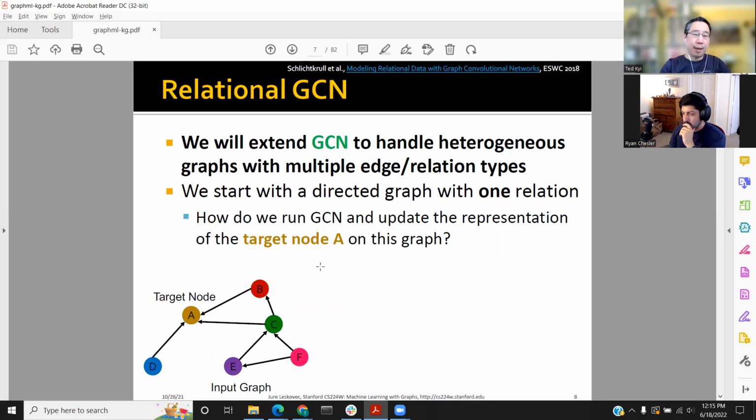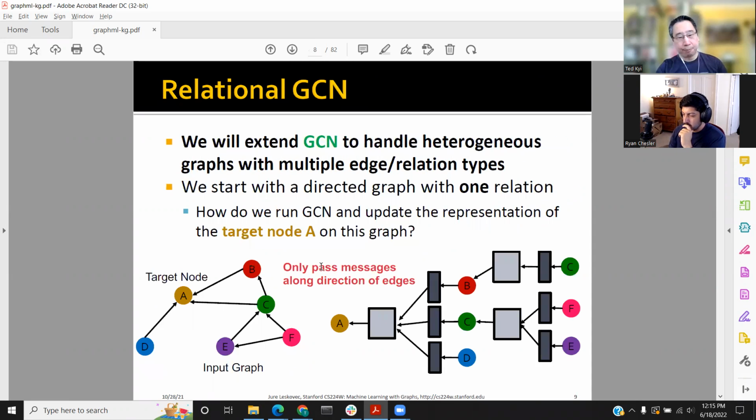And so just to recap, how do we run a GCN on a directed graph that only has one node type and one edge type? If you recall, when we talked about GNNs, basically what we said is that we're going to use the neighbors. And in this case, now we're talking about a directed graph, so this is only the inward coming edges, okay?